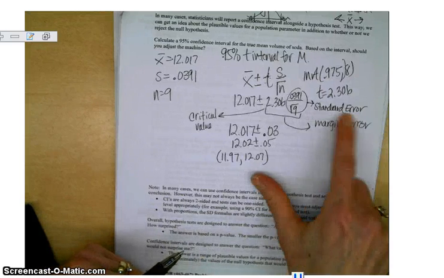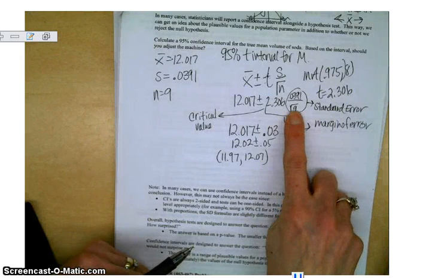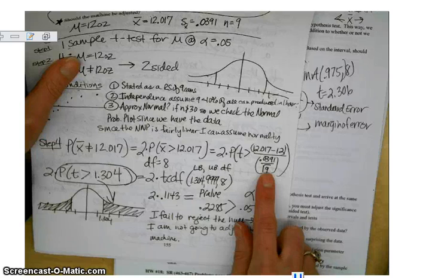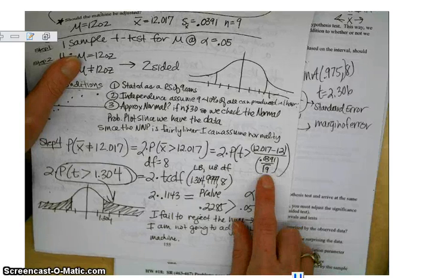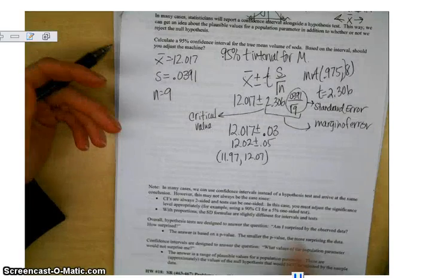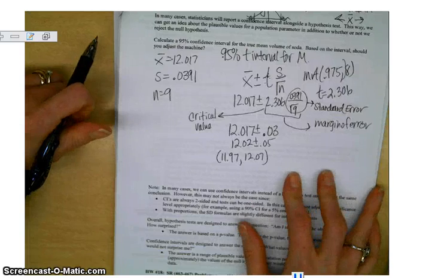So that is the standard error. It's the same as the standard deviation, s over the square root of n. Standard error is just the standard deviation using sample values.